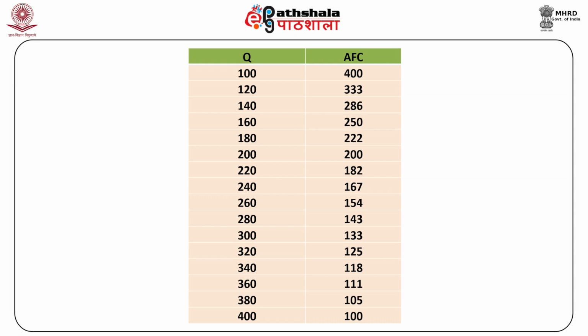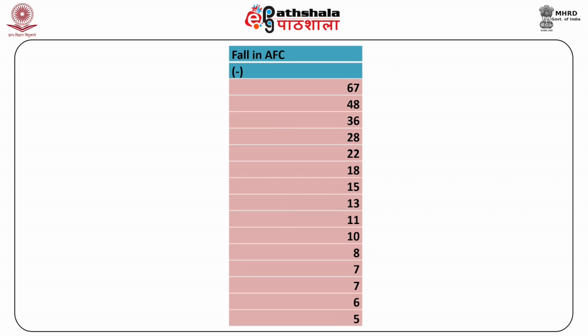Another feature of this function is that as the AFC is falling, in successive units of output, the change or the fall in the average fixed cost goes on declining. In the first instance, the change in the average fixed cost is 67. It goes down to 48, to 36, to 28, 22, 18, 15, 13, 11, 10, 8, 7, 7, 6 and 5.